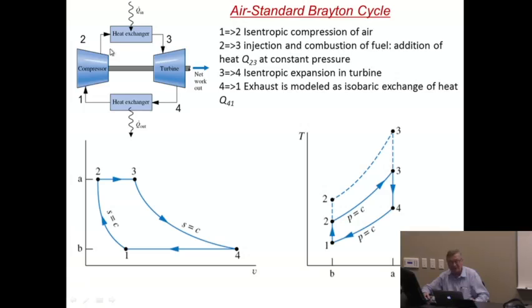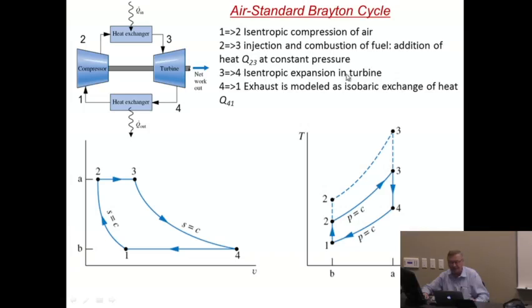Essentially, the pressure at 3 is the same as pressure at 2, but temperature at 3 will be much higher than temperature at 2. So in a PV diagram, pressure at 3 is equal to pressure at 2, but the specific volume will have increased because the temperature has increased. In this TS diagram, you increase temperature and you increase entropy at the same time, following a transformation that's at constant pressure. 3 to 4 is another isentrope.